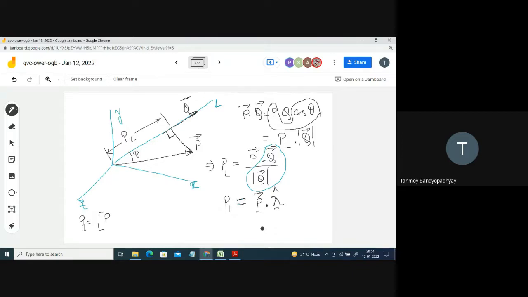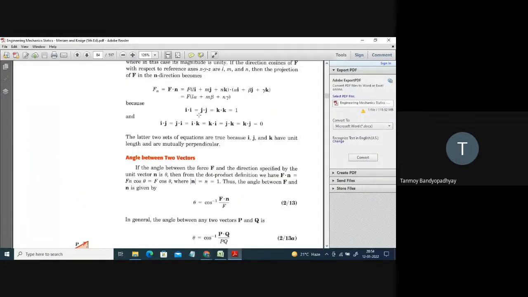Vector P will be something like Px i cap plus Py j cap plus Pz k cap dot, এটা কি হবে? ইউনিট ভেক্টরটা আমি এর টার্মসে রিপ্রেজেন্ট করে দিচ্ছি, এখানে কিভাবে লেখা আছে ধরো ওই LI করে লেখা আছে, ঠিক আছে?